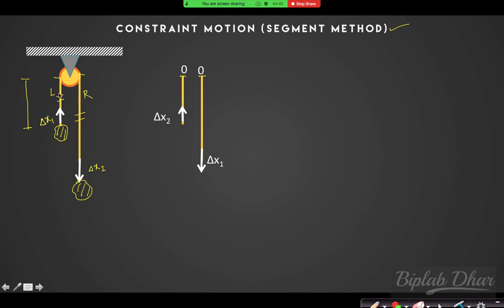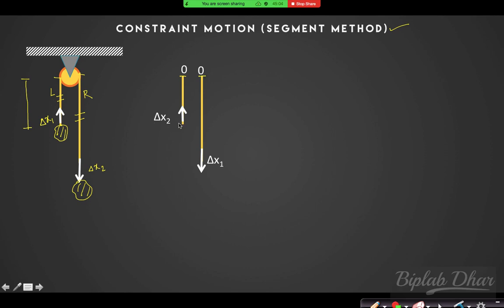The top end of the left part is connected with a pulley which is fixed, so I can assume the velocity or displacement of the top end of the left segment is 0. Similarly, the topmost part of the right segment is also connected with the fixed pulley. That is why I have assumed it to be 0.